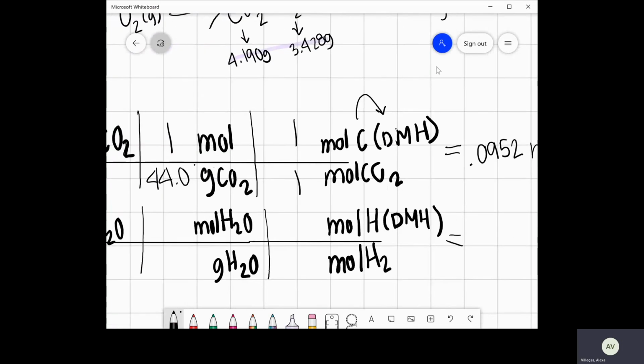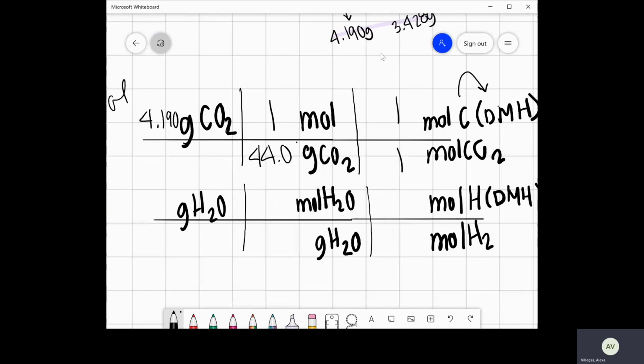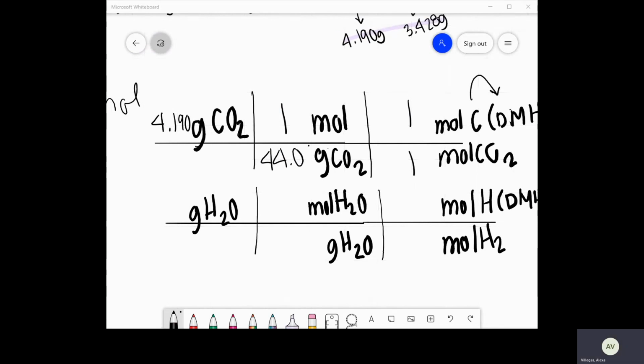Next, you are going to find your moles of hydrogen. So we will first do our water. So we know that we have 3.428 grams of water. And we also know that there are 18 grams of water in 1 mole.